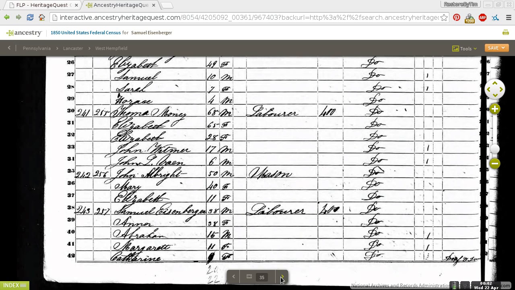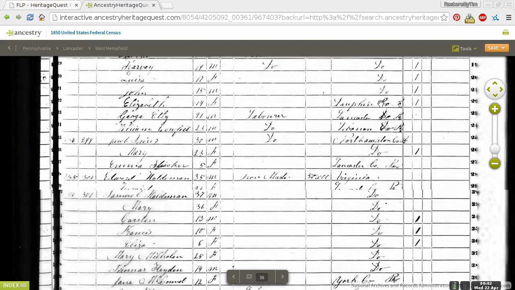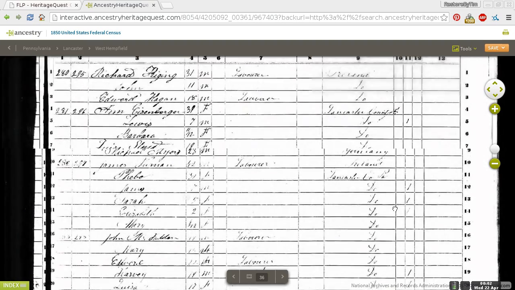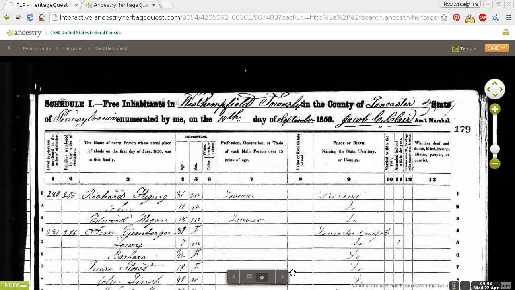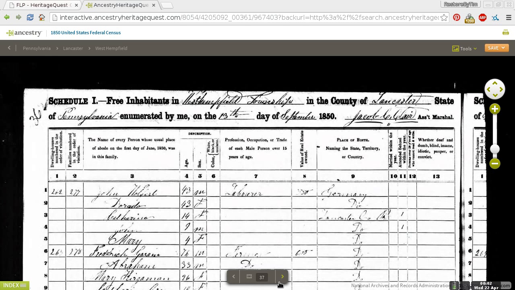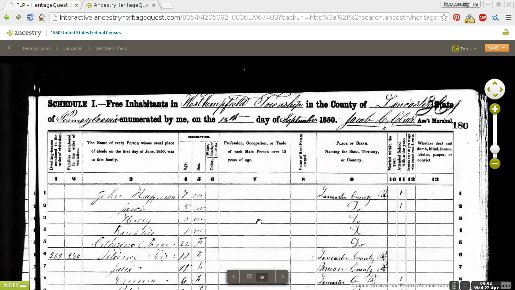This stamp is 179. Okay. No stamp on the next page. Then 180. So you can see that the stamps are in order. Okay, they were just put out of order. The pages were put out of order before the census was bound into a large book.